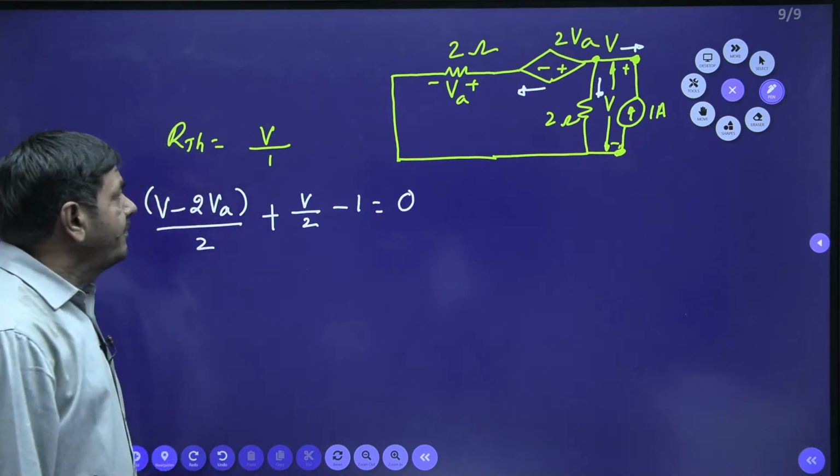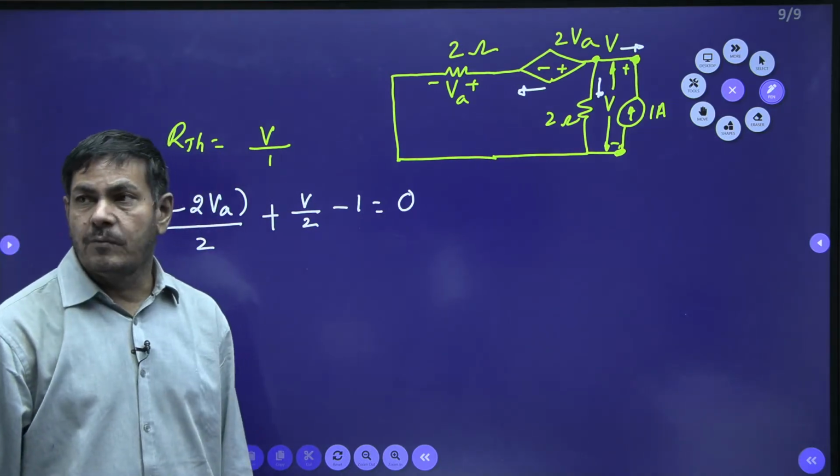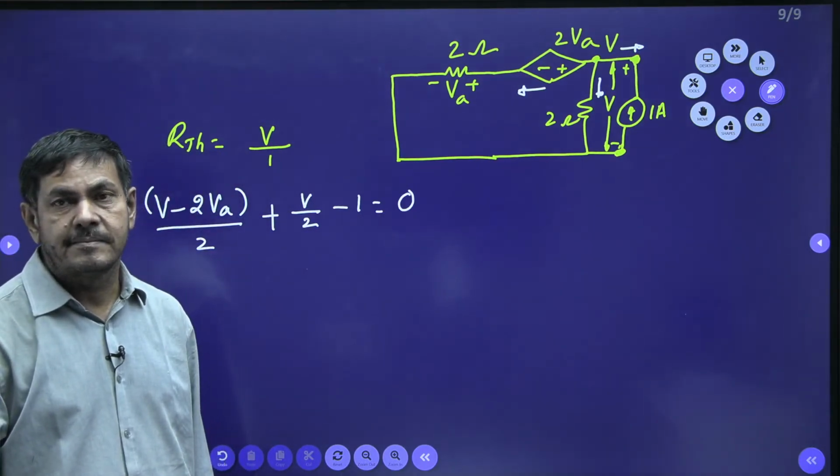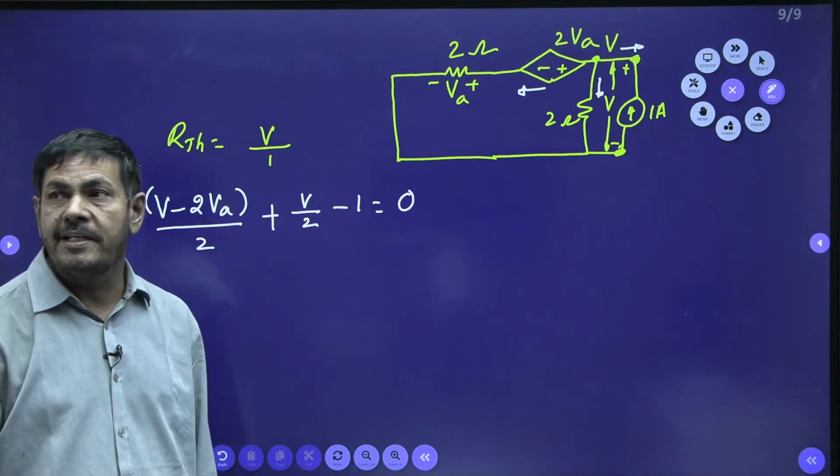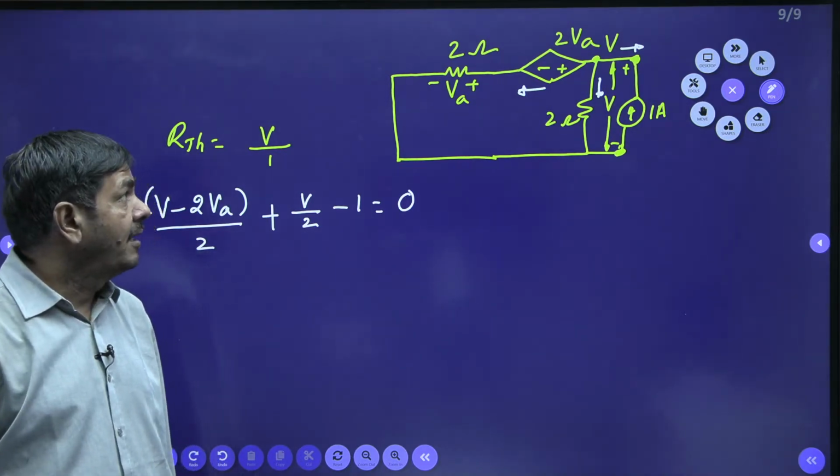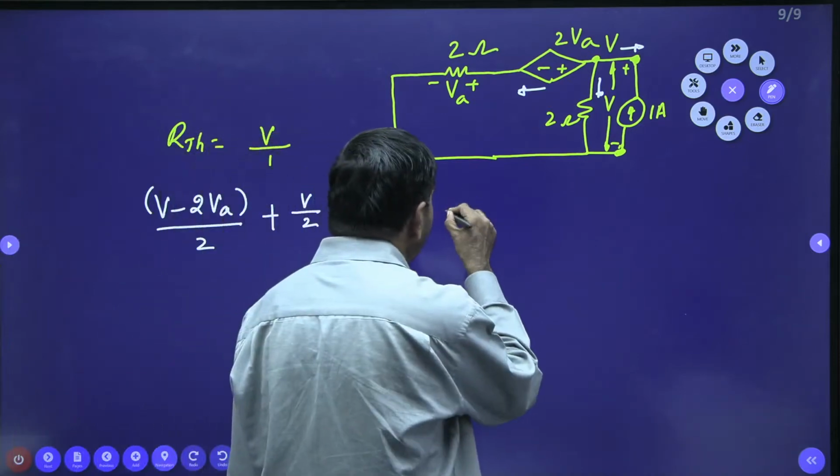But what about VA? To get the V value, VA has to be eliminated. How can I get it?